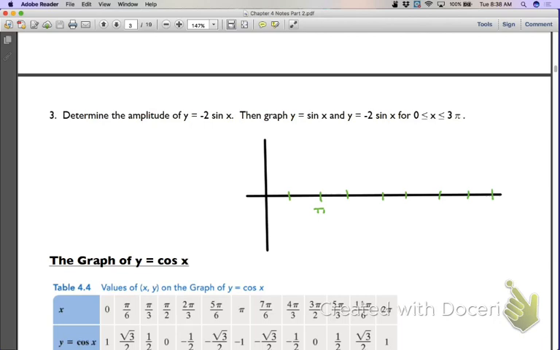if here's pi, there's 2 pi, and there's 3 pi. Pi over 2.